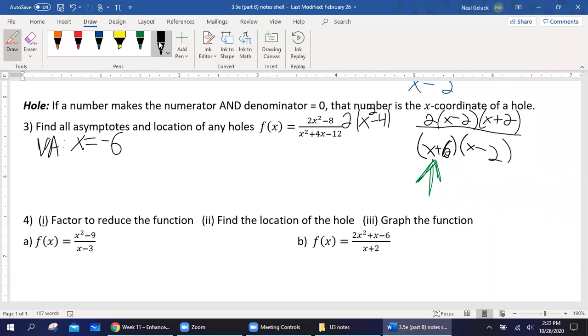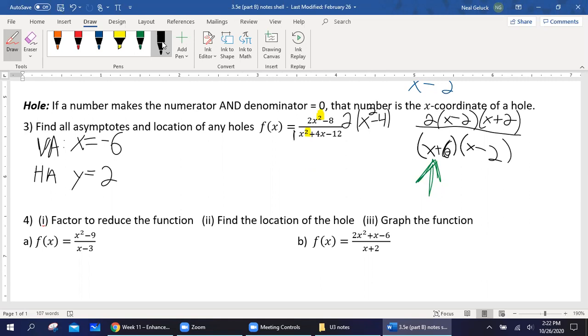Horizontal or oblique asymptotes: look at the degrees. Highest degree on top and bottom is the same. So I'll take the coefficients in front, the numbers in front. So that's 2/1. So I have a horizontal asymptote at y equals 2.